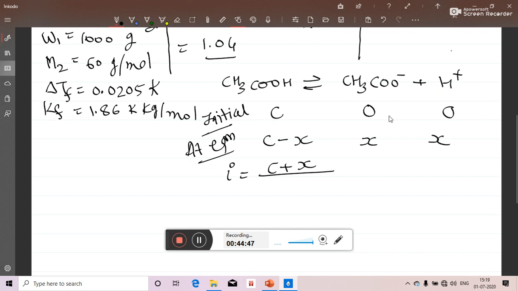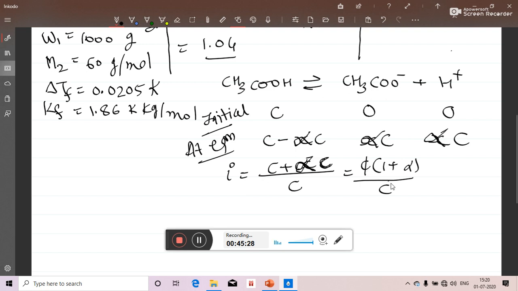Now suppose instead of X, we write alpha C. So alpha C out of C is used up, so the formation of product will be alpha C, alpha C. So i is equal to number of moles after dissociation, that is C minus alpha C plus alpha C plus alpha C. So minus alpha C and plus alpha C cancel, and we remain with C plus alpha C upon number of moles before dissociation, that is C plus 0 plus 0, which is C. Now when we take out C as common, we remain with 1 plus alpha upon 1, and the value of Van't Hoff factor i we have just found as 1.04.